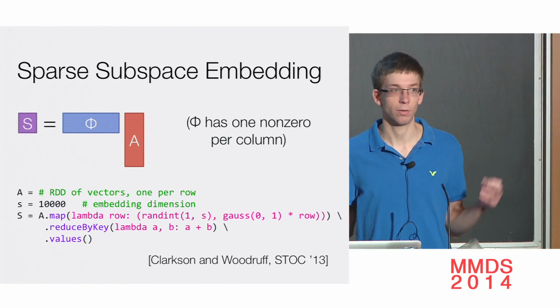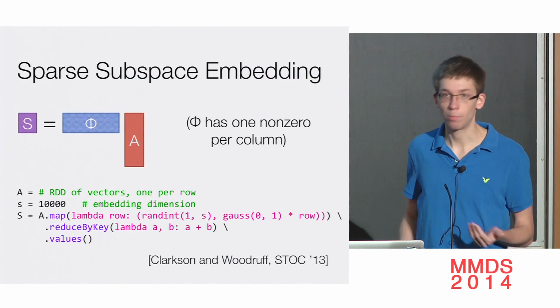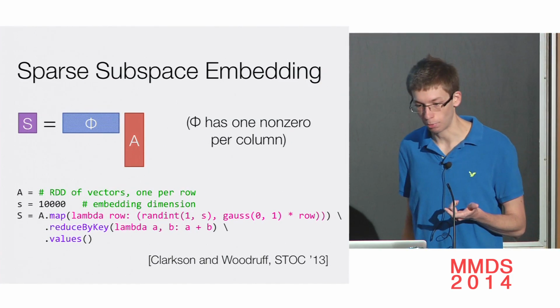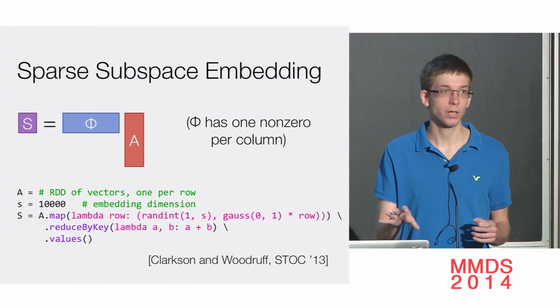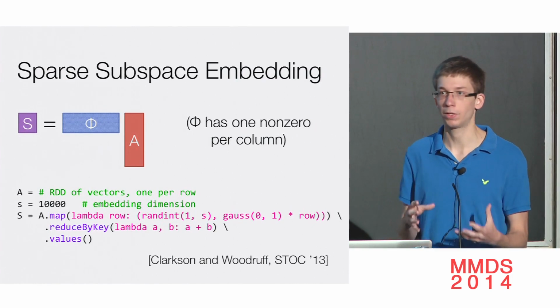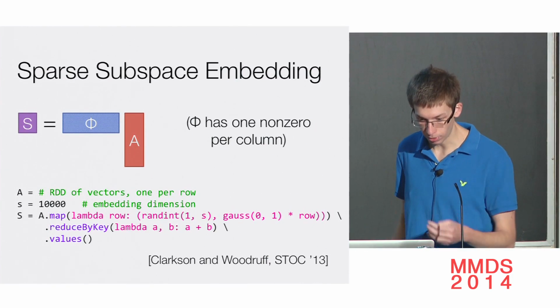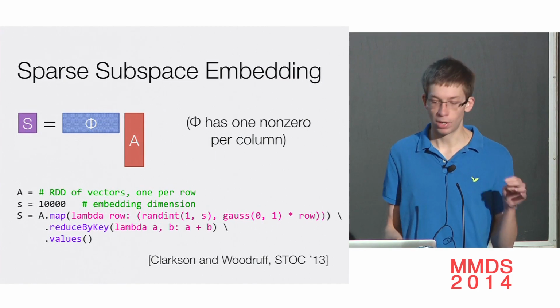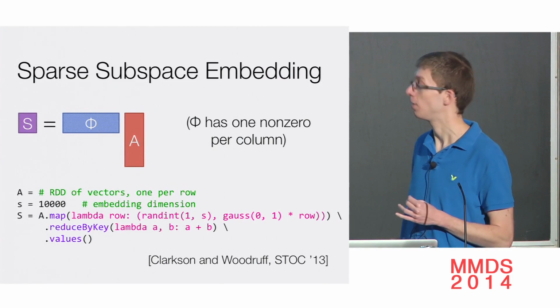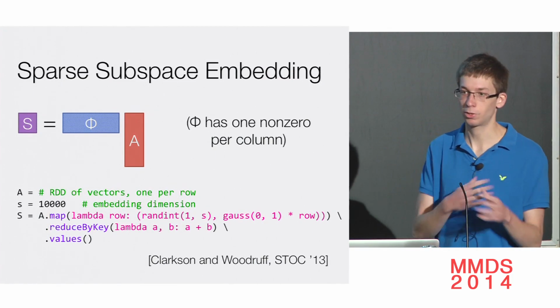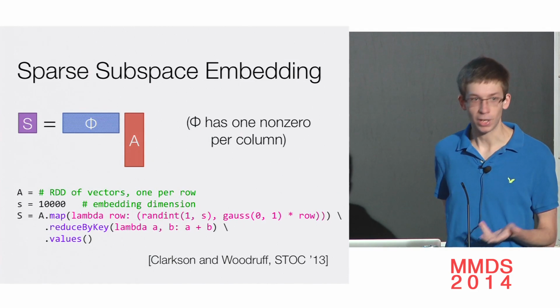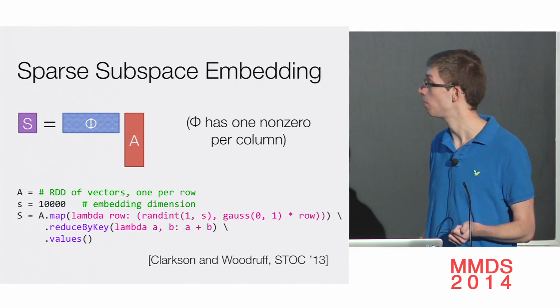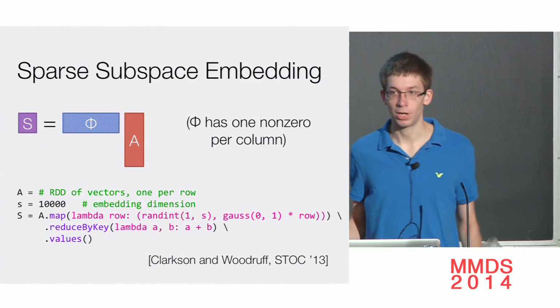So there are many, many rows, but the number of columns is manageably small. One way to compute a sketch for it that is small enough to fit on a single machine is you create this Phi, which has only one non-zero element in each column, chosen independently, and that one is just a Gaussian variable, also generated independently.